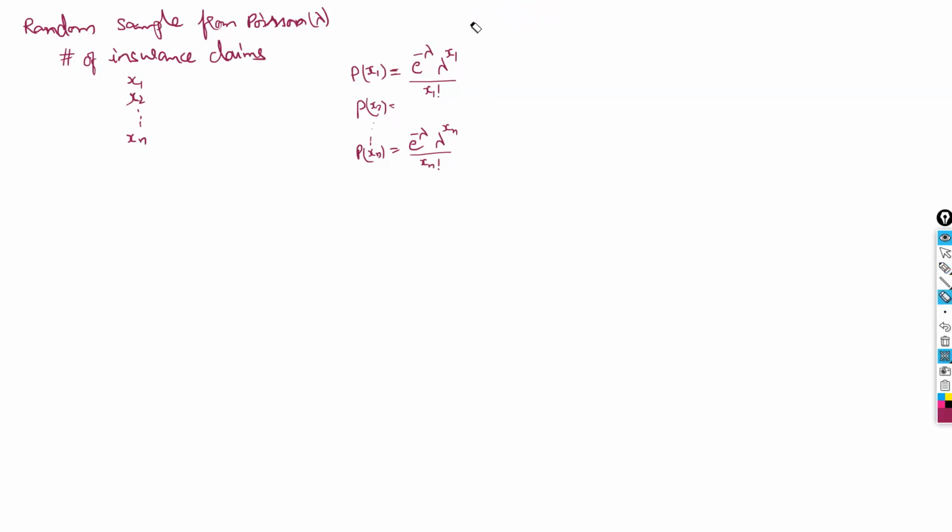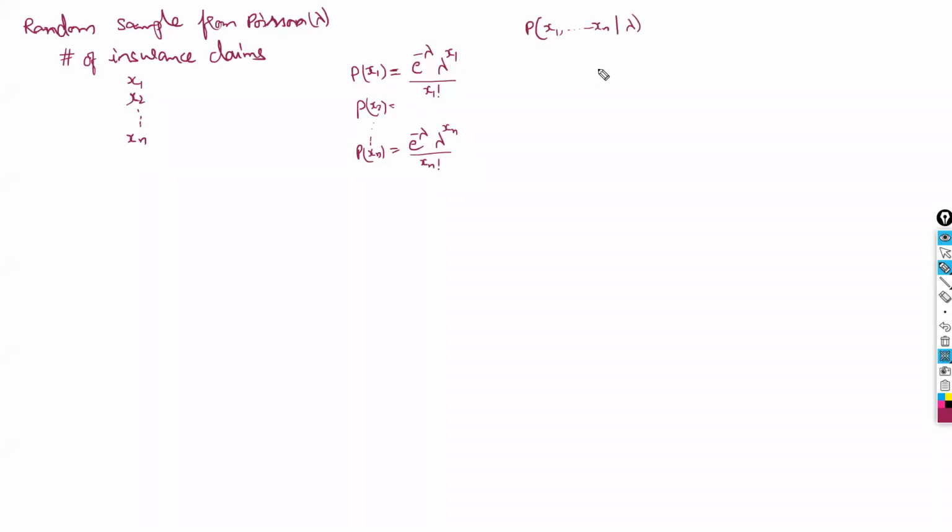Now let me erase this part. If you want the probability of x1 until xn given lambda, given these parameters, then you need to multiply all of these probabilities.